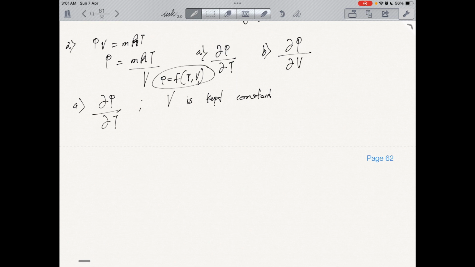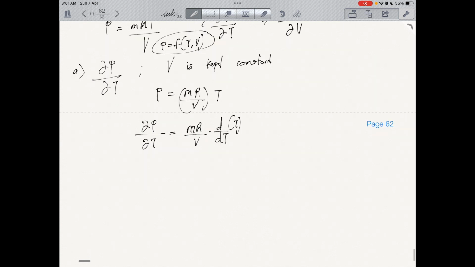Therefore, when V is kept constant, we can have our expression of P to be mR over V multiplied by T. Therefore, our partial derivative of P with respect to T is mR over V multiplied by the differential with respect to T of T. Now this is mR over V multiplied by 1, and our answer will be mR over V.